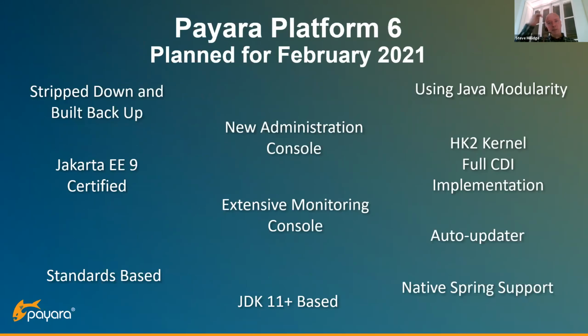If we look at 2021 and what we're planning for Platform 6, so just jumping ahead. Our goal for Platform 6 is essentially to strip the whole server down and then build it back up again. What we mean by that is Payara is a very modular server. It is built on a HK2 kernel.